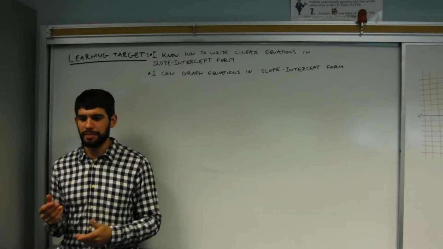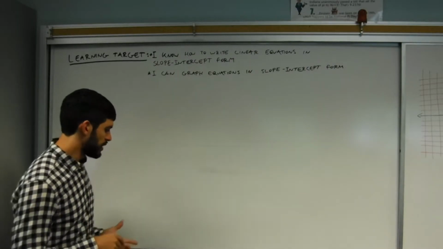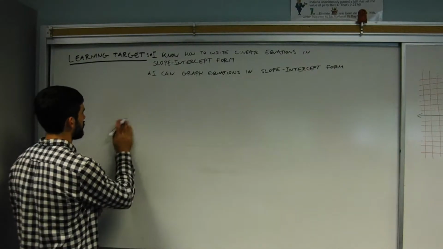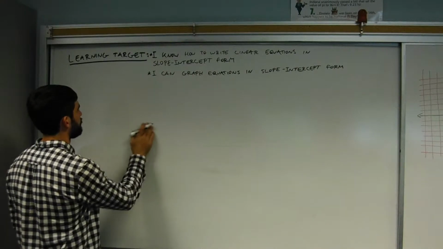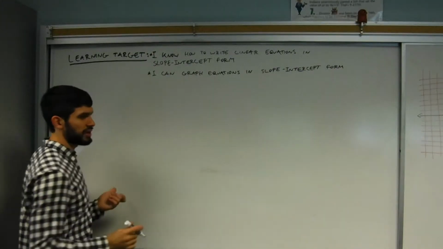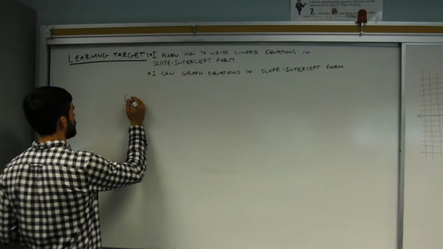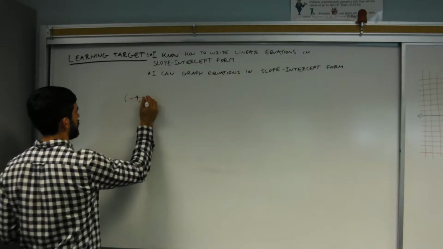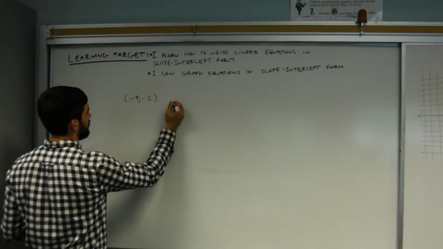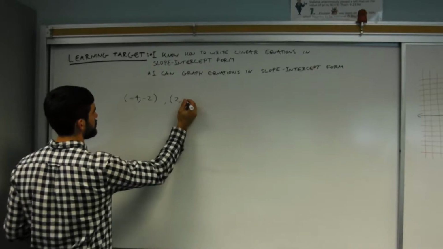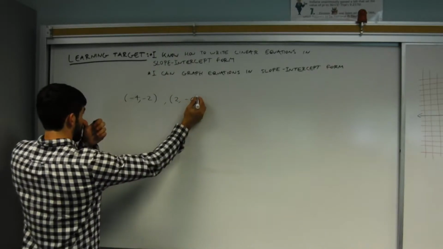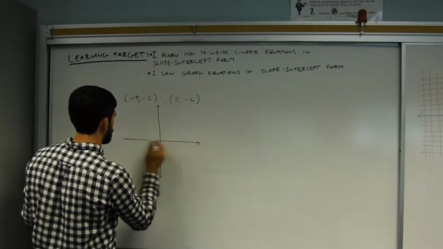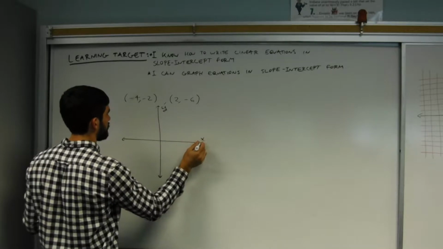Today I want to take a step back to the lesson before that, which was the basics of linear equations and graphing. If you recall, we learned two methods of graphing linear equations, both of which are kind of the same. If we're given 2 points, say -4, -2, and 2, -6, and we want to graph a linear function, we just plot them.